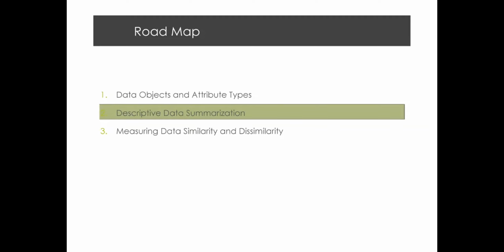First one, data objects. What type of data objects do you have to represent? There are mainly four types of data objects.